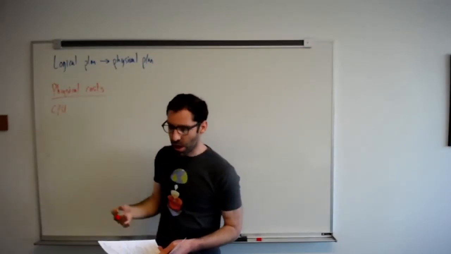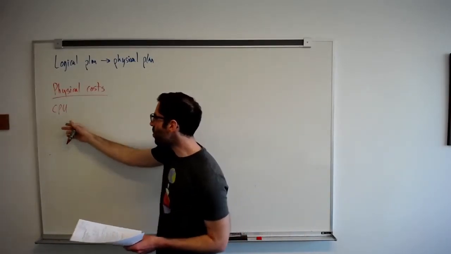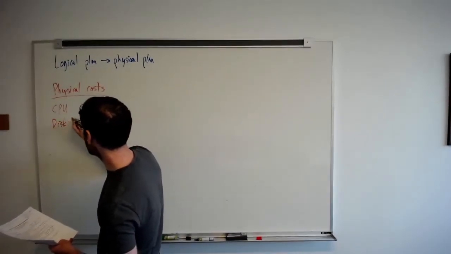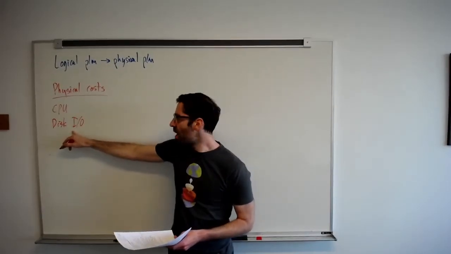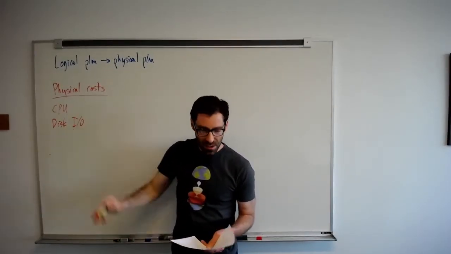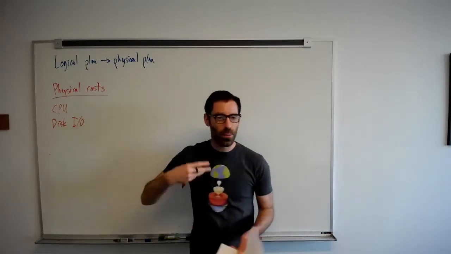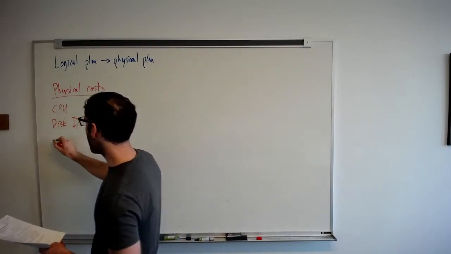Kind of just how many CPU cycles, how intensive will this plan be? The one that we've been overwhelmingly focused on, and which will be the case for disk-based database systems, is disk I/O. How many reads and writes are we doing from disk? That's likely to be a bottleneck.